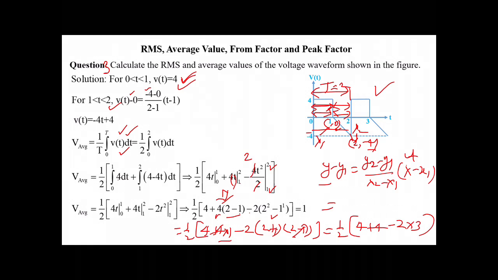So we can rewrite it as 1 upon 2, 8 minus 6, equals 1 upon 2 into 2. So we get 1 here.